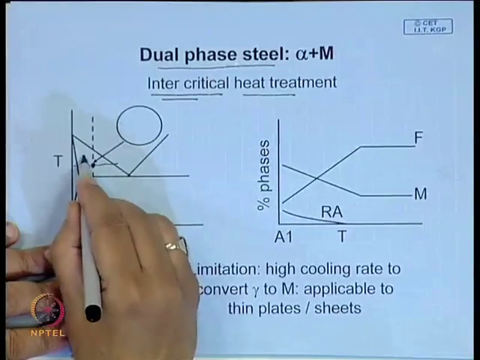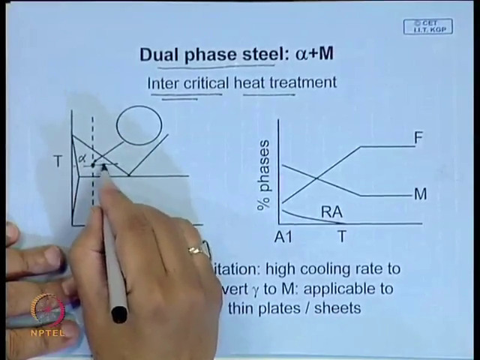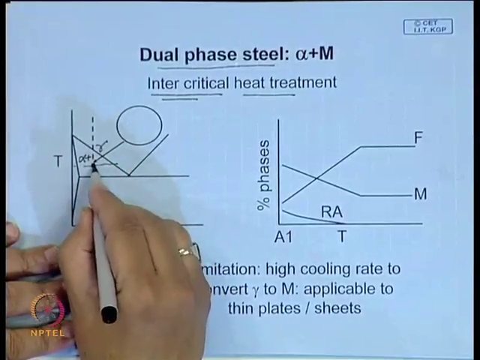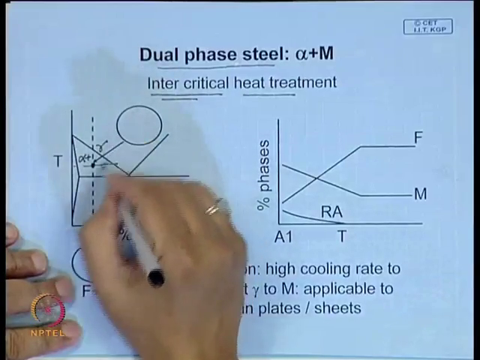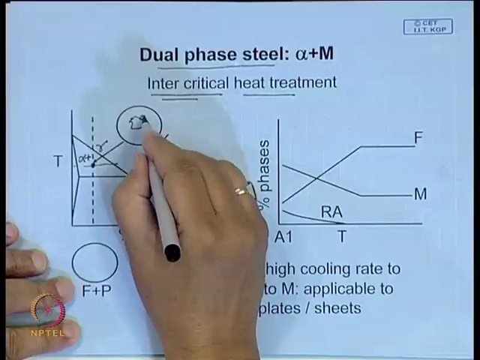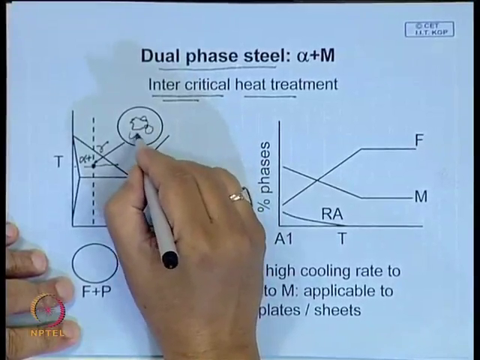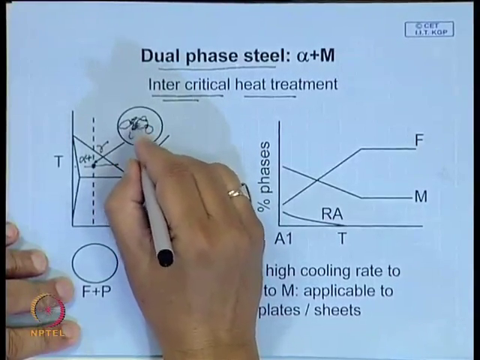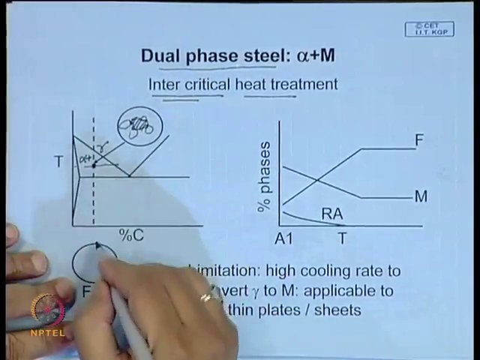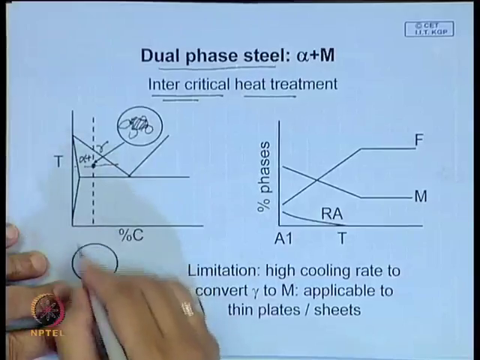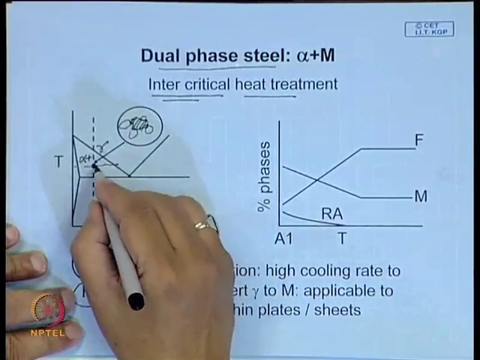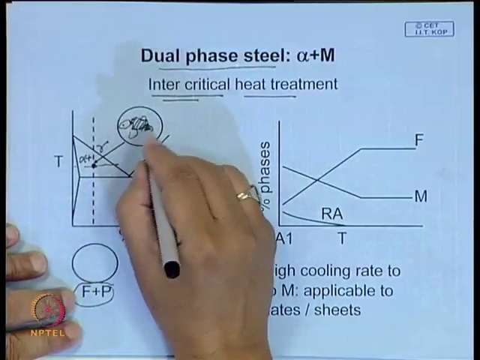So, what do you have here? You will have ferrite plus austenite. Here you have these austenite grains, and these, let us say, are ferrite grains. If you quench from lower down, at room temperature it is possible that it has a ferrite pearlite structure, but if you come over here, you get ferrite plus austenite.